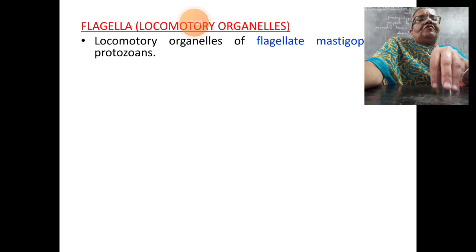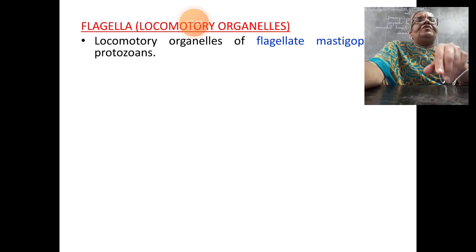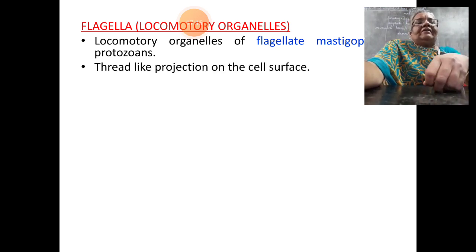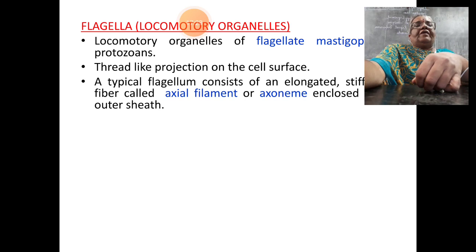So, in Mastigophora or class Flagellata, to which belong Chlamydomonas, Euglena, etc., you find flagellum, singular, flagella, plural, as the locomotory organelle. They appear in the form of thread-like projections on the cell surface.